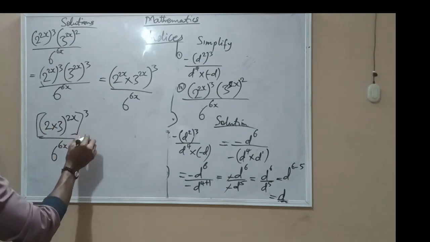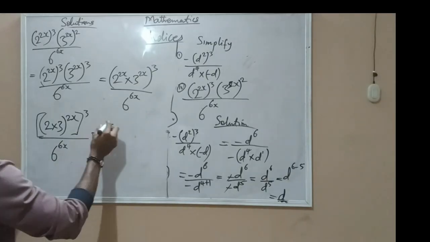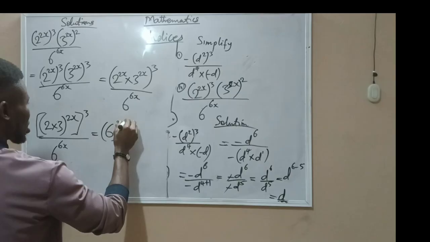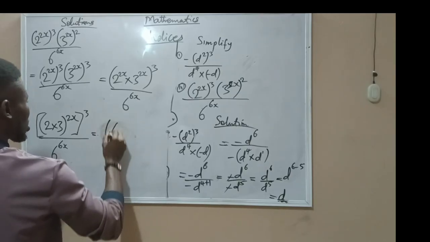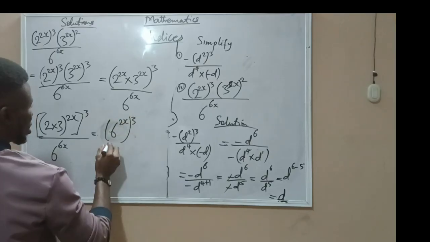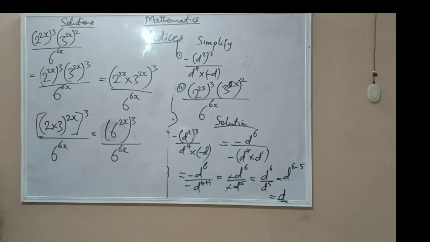Now from here we notice that 2 times 3 is 6, raised to the power 2x. So this is 6 raised to the power 2x all raised to the power 3 over 6 raised to the power 6x.